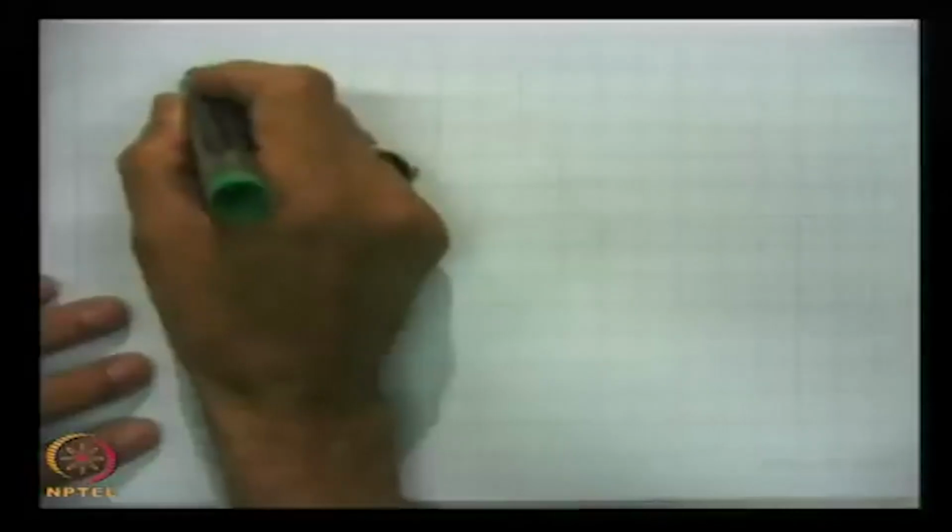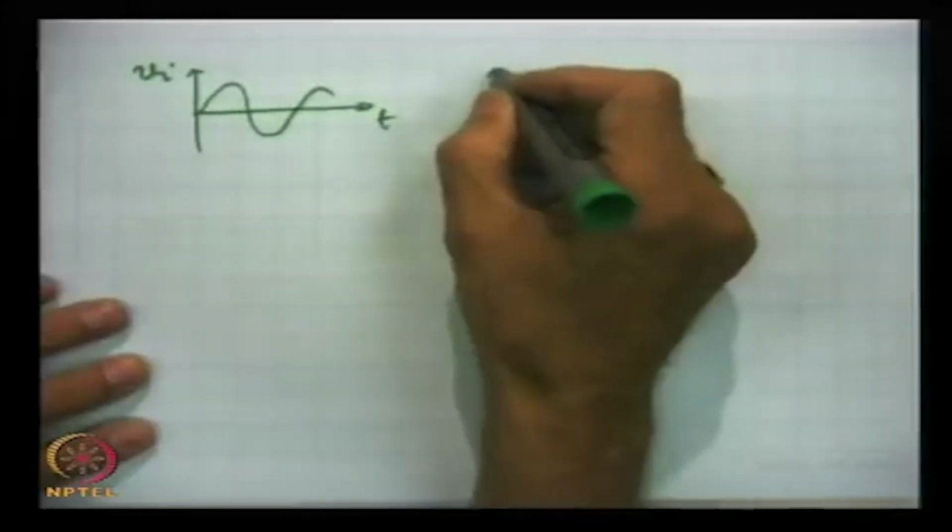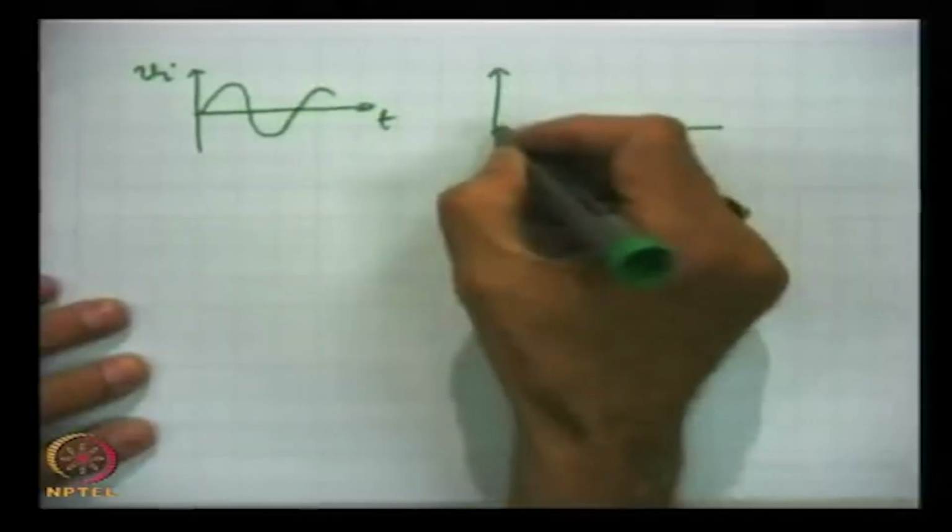So in class C operation we get sharp pulses in the collector currents, and what purpose will these pulses serve? Because for a sinusoidal input of this kind, this is Vi, the function of time, we are getting sharp pulses like that.